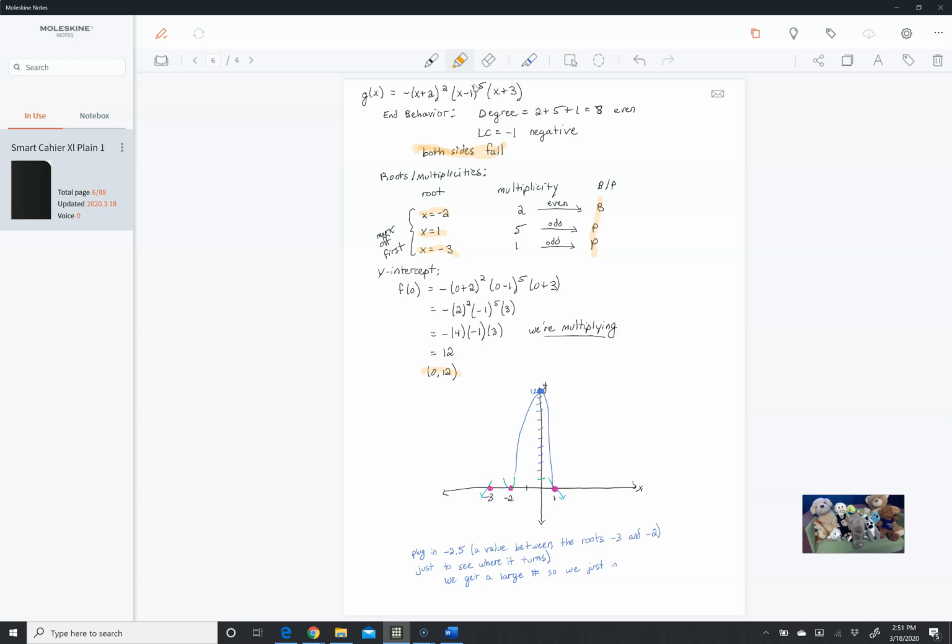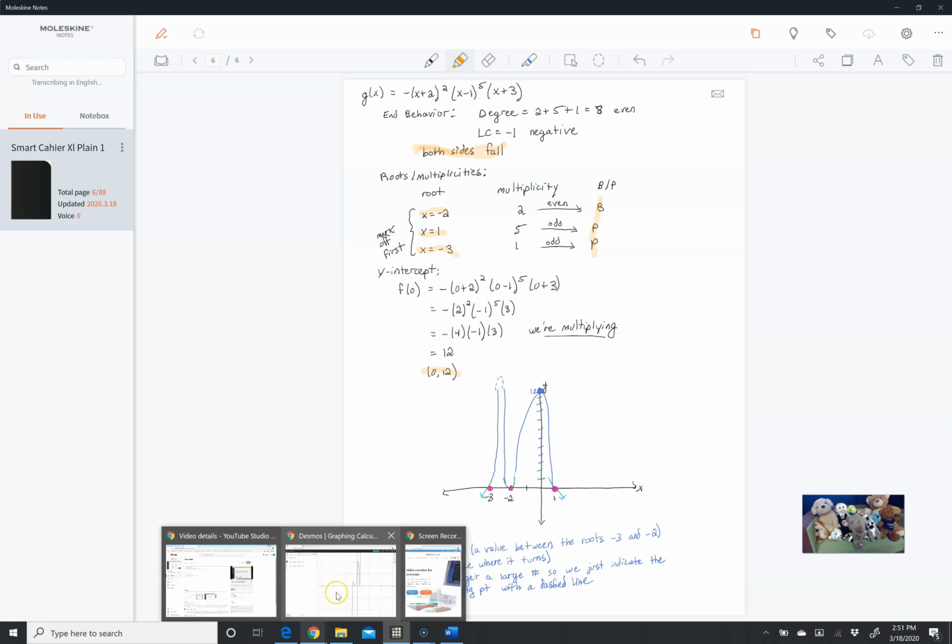So we just indicate the turning point with a dashed line. In other words, it goes off the graph. So we're just going to go up here. And I'm just going to put a dashed piece there just so that you can see that it goes up off the graph.